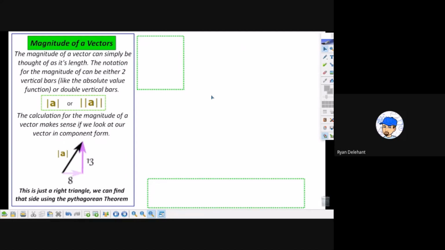We can find the length really easily because that's a right triangle. How do you find that length? We're using the Pythagorean theorem. What's the Pythagorean theorem? Which part's c squared, the 8 to 13 or the magnitude? The magnitude. Does it matter which one of these is a or b? No. Nope.